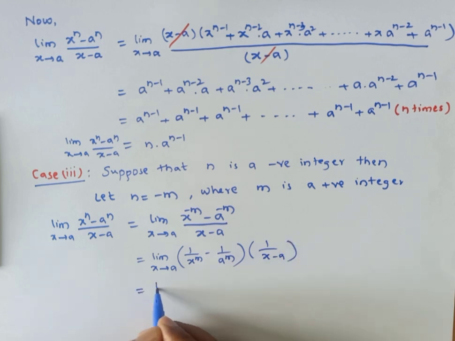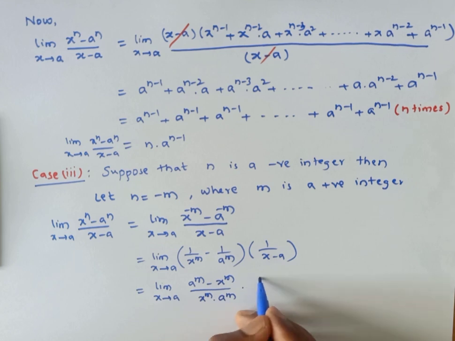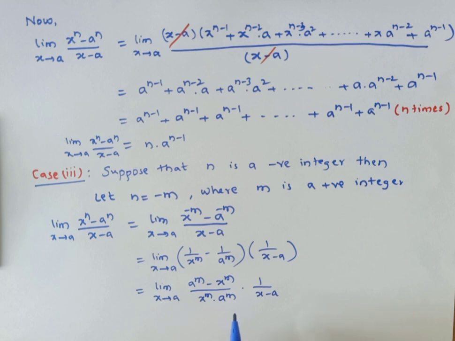Now this is limit x tends to a of (a to the power of m minus x to the power of m) by x to the power of m into a to the power of m, into 1 by x minus a. So we can write this as limit x tends to a.